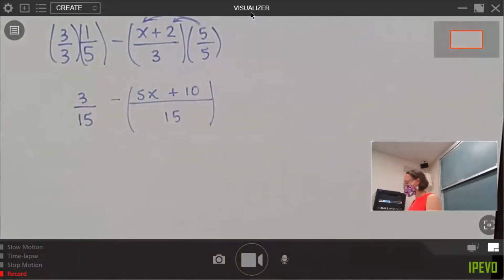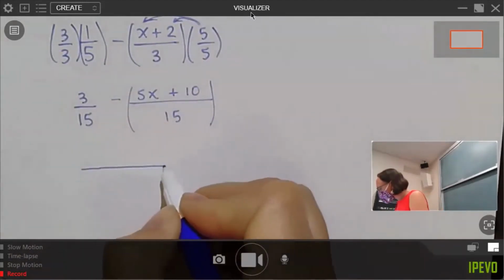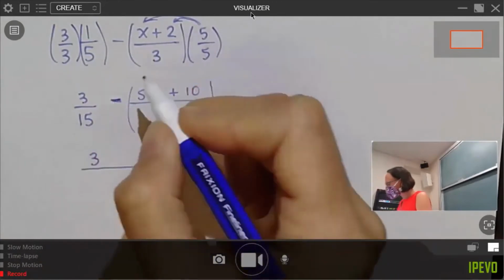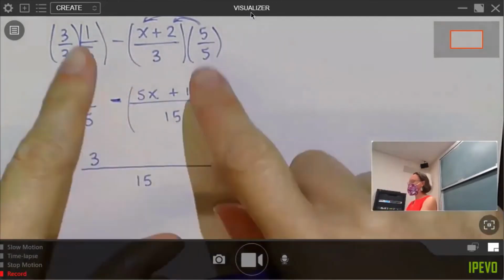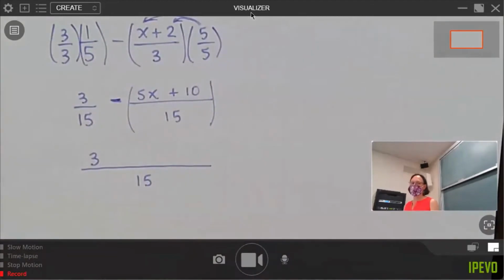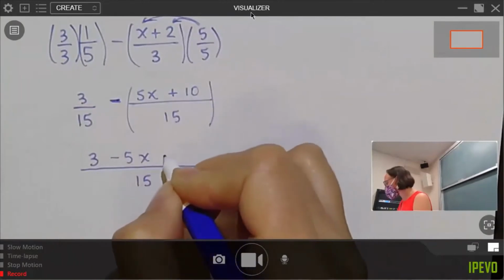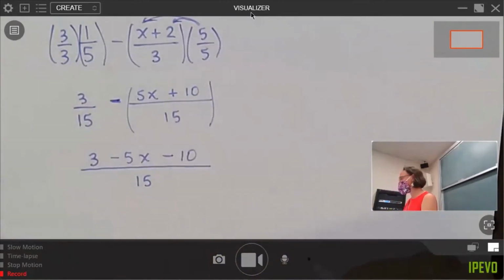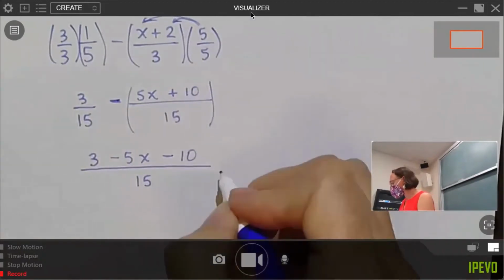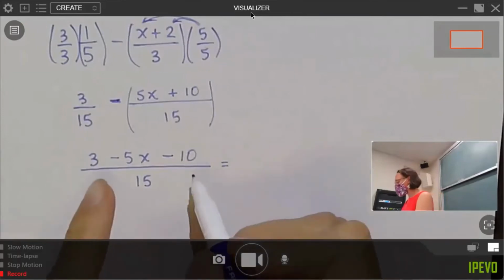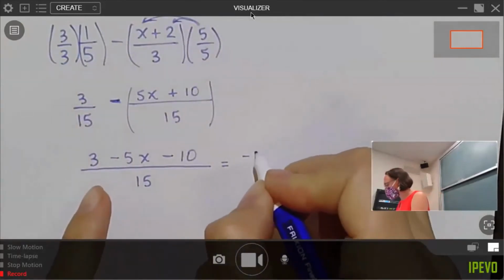Now that I've got a common denominator, I can put it all together. But because I'm subtracting that entire fraction, I need to make sure that I'm subtracting the 5x and also subtracting the 10. So if I combine like terms on the top, the 3 and the 10 can come together as a -7.